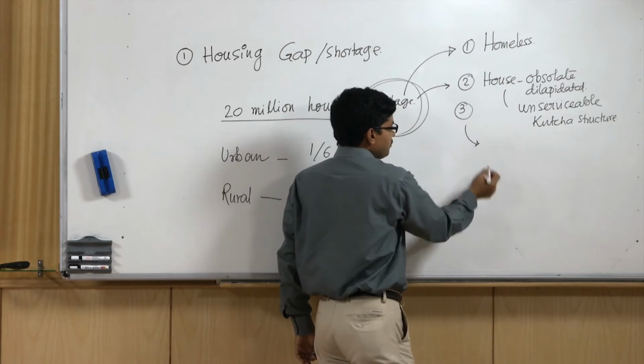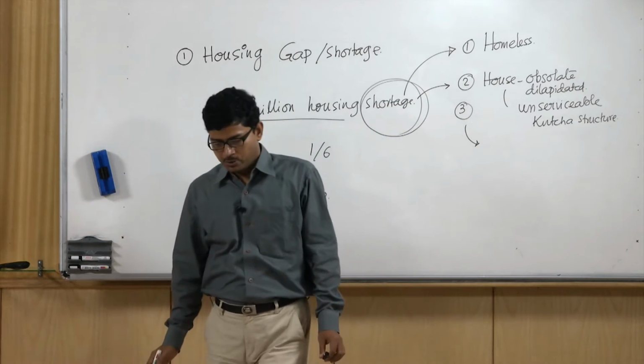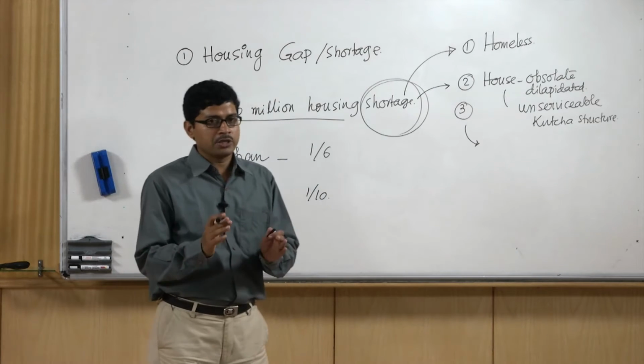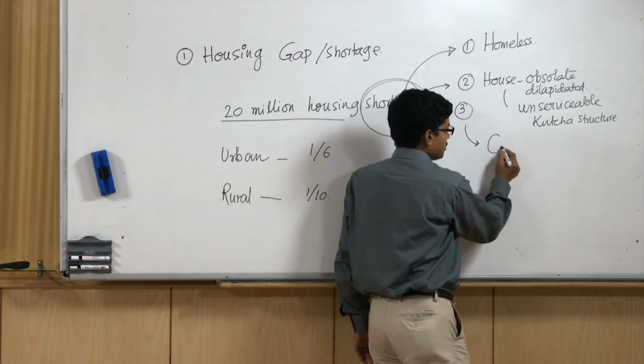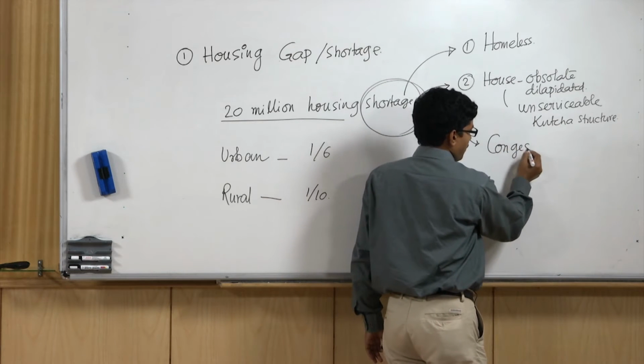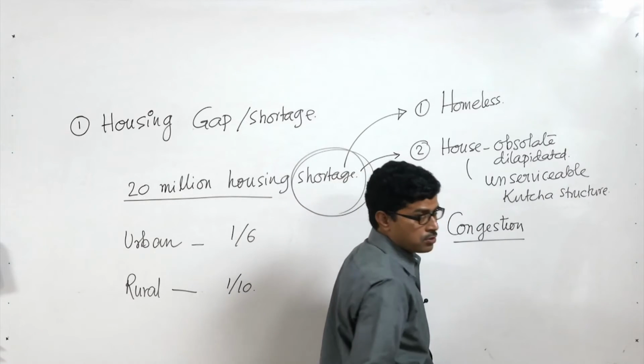Third, there are houses mostly in the slums or in squatters where people stay together, more than one family stay together, which causes congestion. Now how is congestion defined?